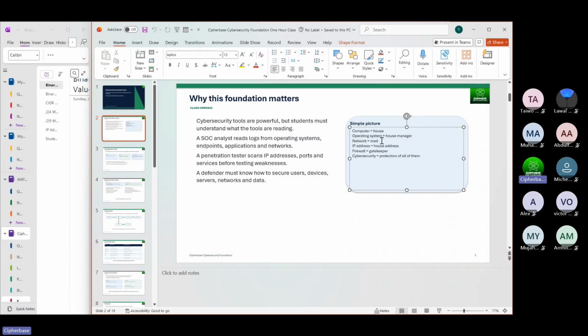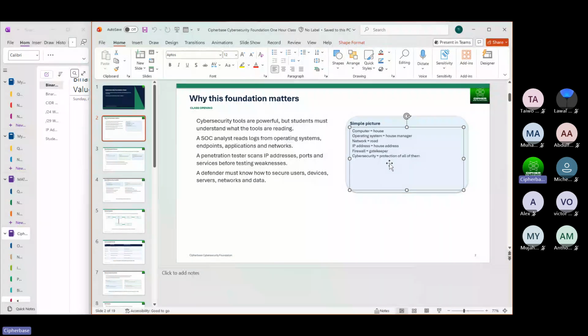Even in real life, whenever we talk about a network, we refer to it as a road from one place to another. I put it like that because I want to relate everything to what we do in everyday life. Now, a firewall is just like a gatekeeper that blocks the traffic; either you allow it or you block it. Then cybersecurity is the protection of all of them.